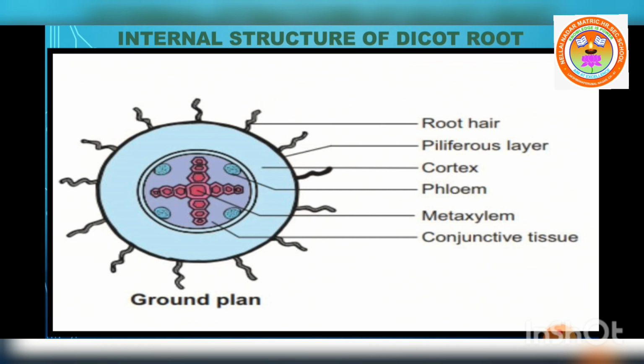So, the internal structure of dicot root. This is the ground plan. In this ground plan we can see epiblema or piliferous layer, cortex, endodermis, stele, pericycle, vascular bundle and pith.